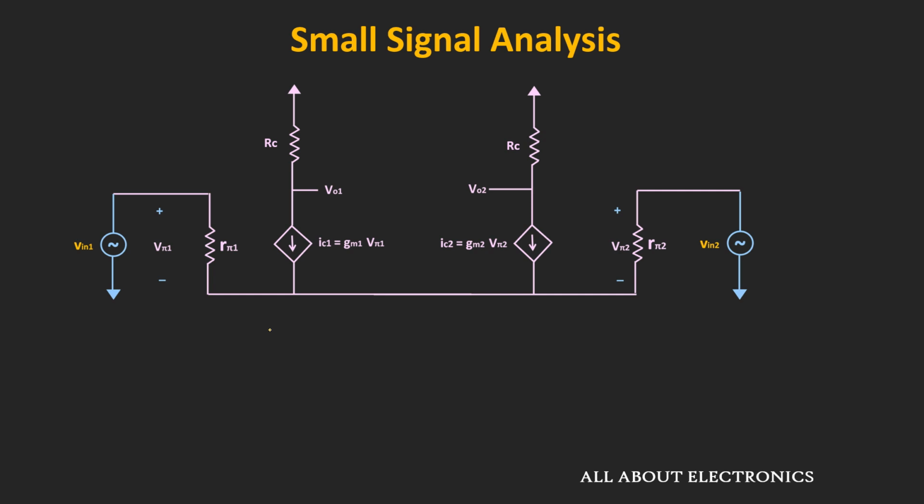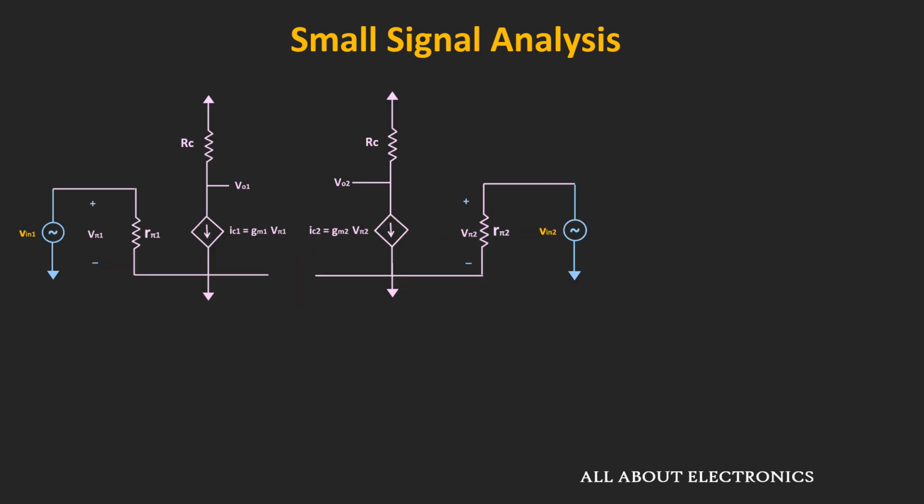Now so far we have discussed the case of the differential input and the differential output, as well as the single-ended input and the differential output. But now let us see the differential gain when the input is differential but the output is measured only at the one end. So in that case, the gain will become half. So let's say the output is measured only across this VO1. So in this case, this differential gain will be equal to VO1 divided by VID.